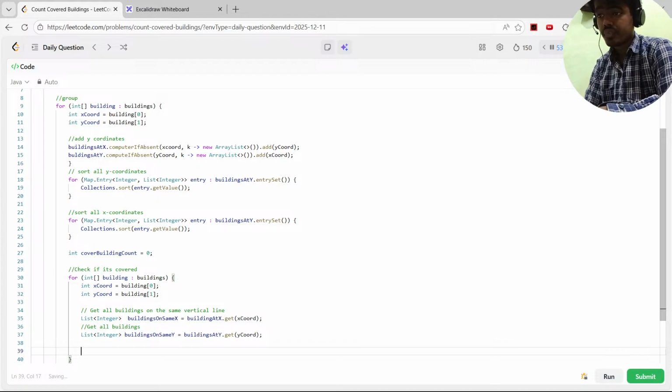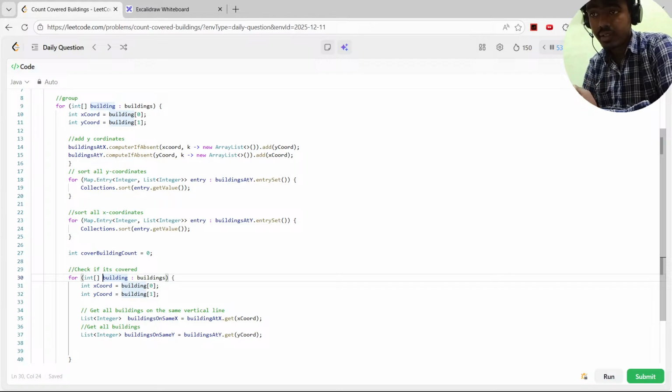Now we have to check if a building is covered. So there are two conditions: there must be a building to the left and right on the same horizontal line, right?